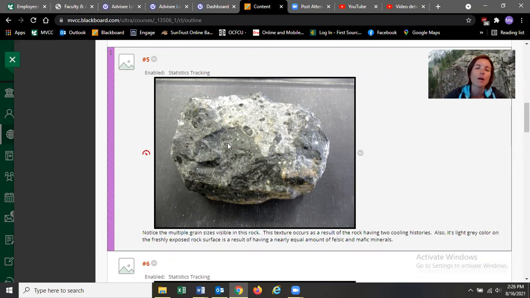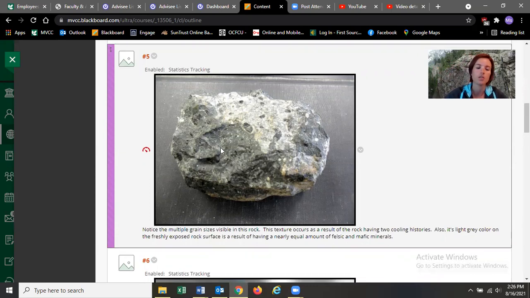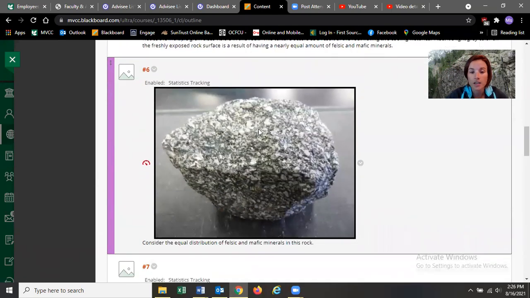But it's all gray. The whole thing's gray, and gray is a mixture of black and white, white being felsic and black being mafic. So keep that in your brain when you're doing this one. This one, if we separate light to dark, well, it's about a 50-50 split. What's a mixture composition called?